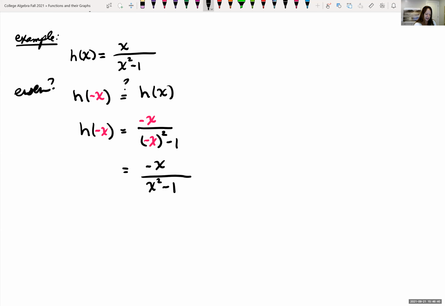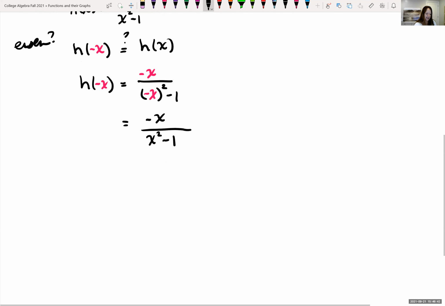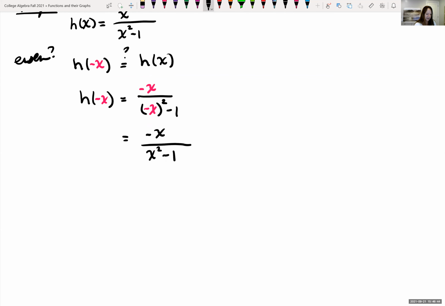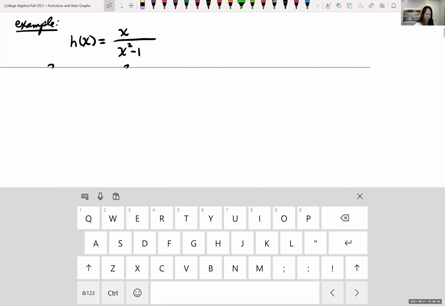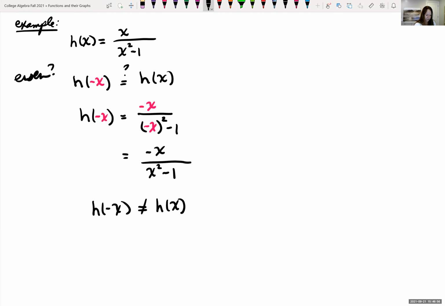So looking at this, h of negative x is not the same as h of x. So I can say that this is not even. Mathematically, you can say the word therefore with those 3 dots that kind of make that triangle.